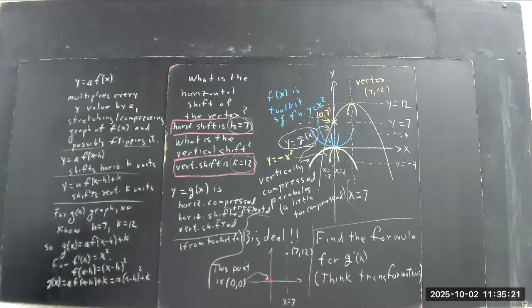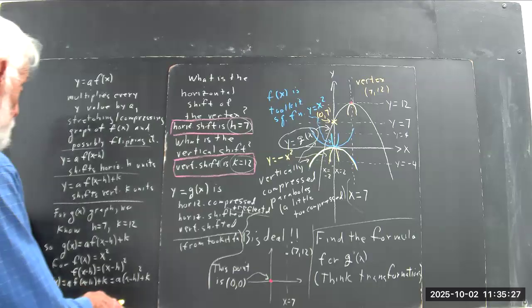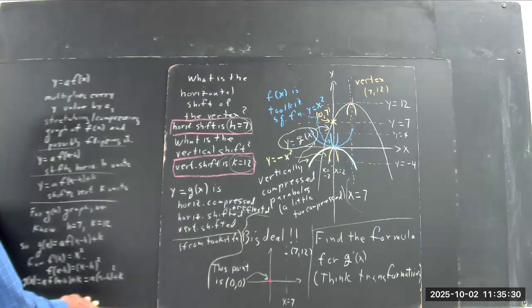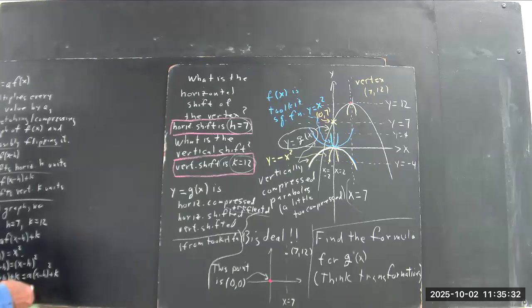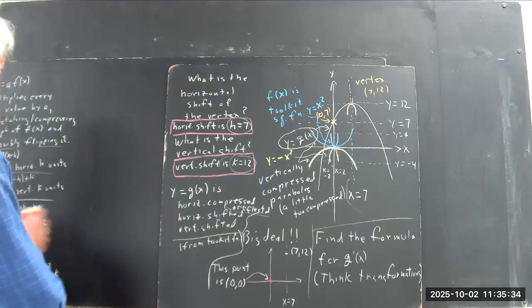We okay so far? Understand those steps? Make sure you review them. Make sure you think them through until they really sink in. Okay, so all this is off here.